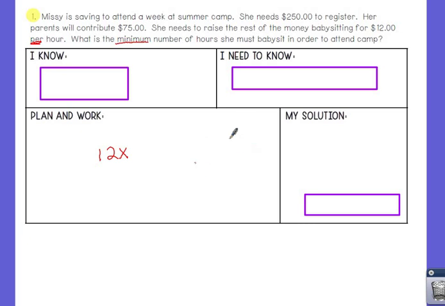What's a grand total she needs to earn? $250. She doesn't really care if she earns more than that. So that means she can be greater than. Can she earn exactly that? So it can have an equal to sign.